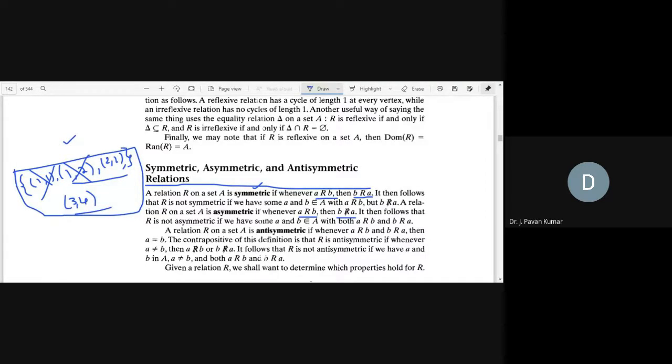But if only for some pairs this condition is satisfied, then we can consider it as not asymmetric. Why? Because it is not satisfying the property of asymmetric. Clear? Like reflexive, not reflexive, irreflexive, and not irreflexive, like that we have four here. Next, consider... any doubt so far?